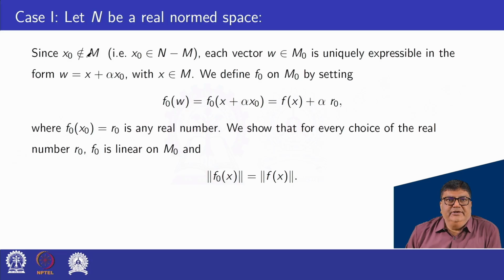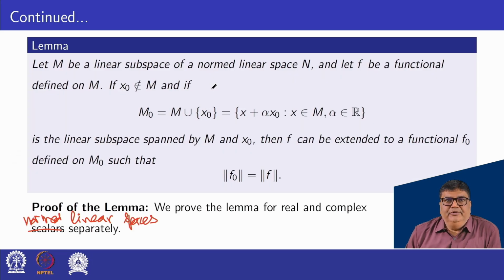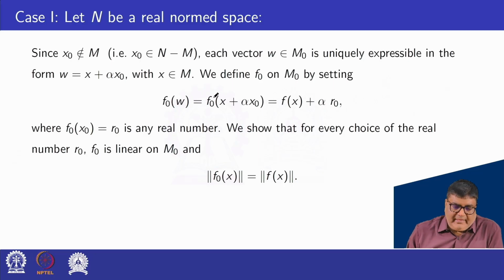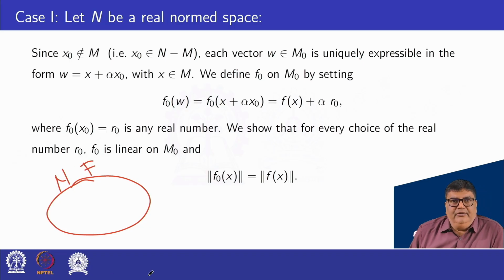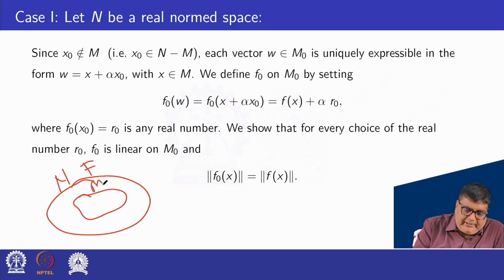Since x0 is not an element of M, that is x0 is an element of N minus M. Here N is the whole space, M is the subspace of N, and functional small f is defined on M.